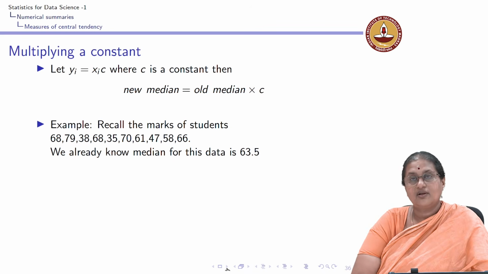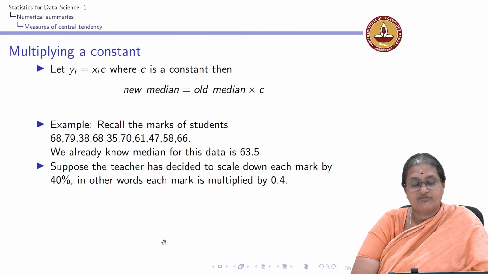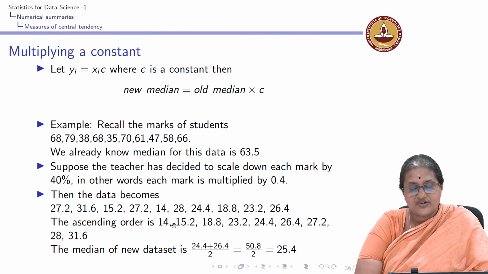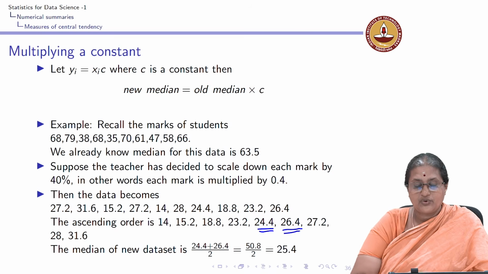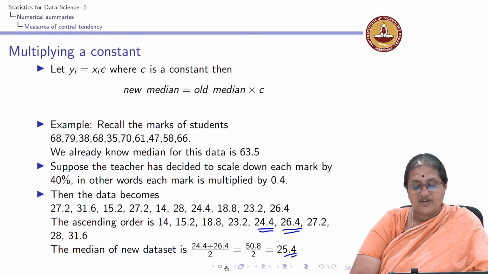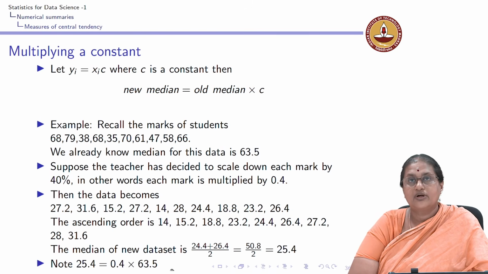Again recall, we know the median is 63.5. If each mark is multiplied by 0.4, this is what happens to my data set. Again I arrange the data set in ascending order. My fifth observation here is 24.4 and the sixth observation is 26.4. The median of the new data set hence is 25.4, which I can verify is 0.4 into 63.5.